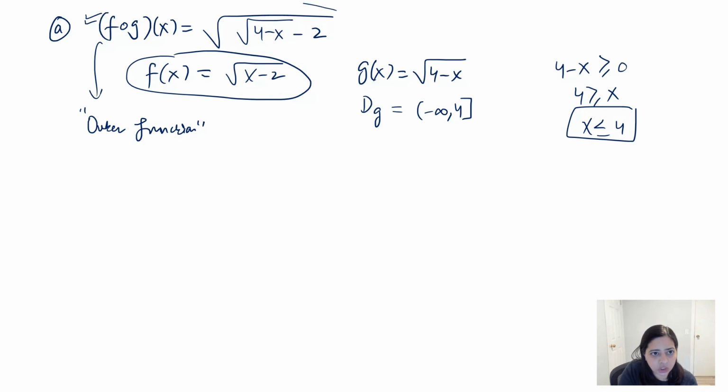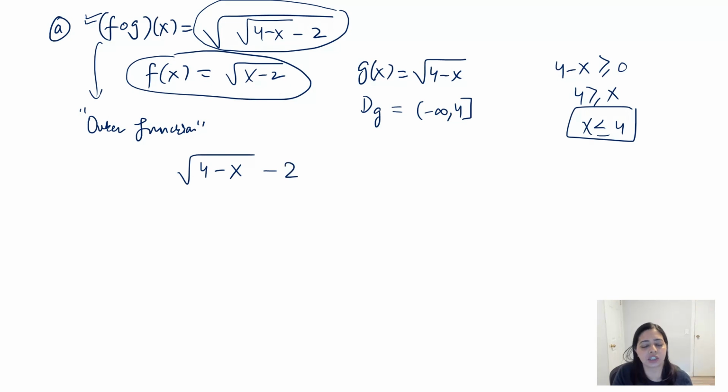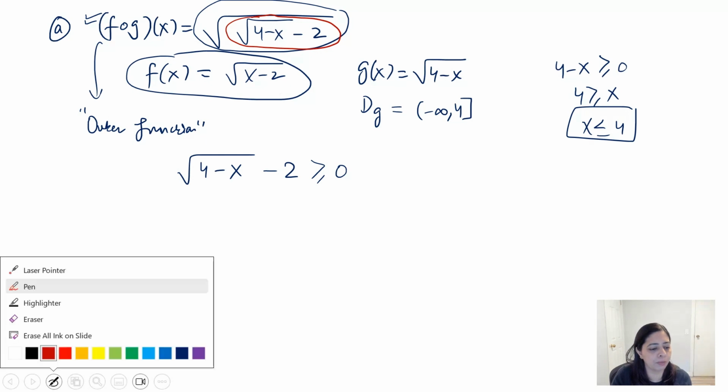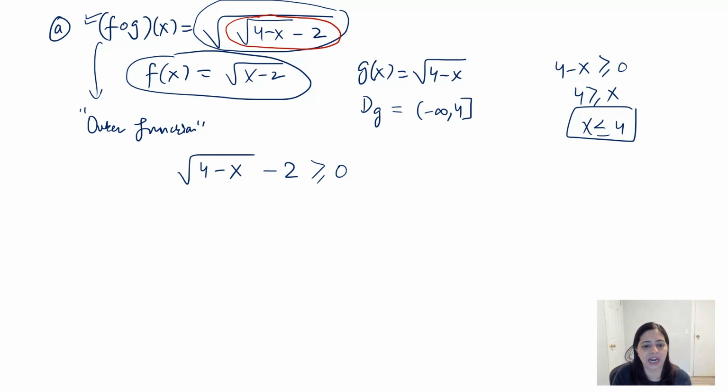For this function to be well defined, because this is also a square root function, we know that whatever you see inside the square root has to be non-negative. So this whole expression gets moved here and you put that in terms of an inequality, that has to be greater than or equal to 0. So your task is to solve this inequality.